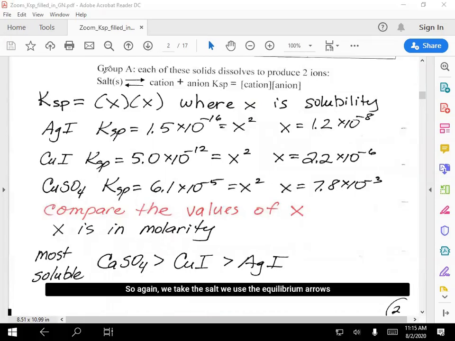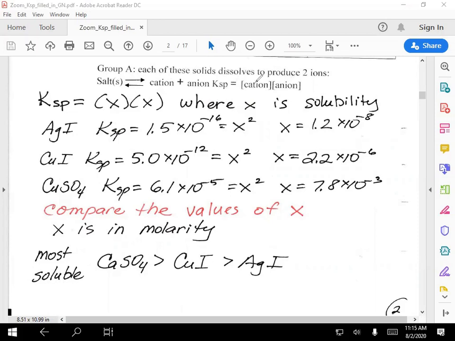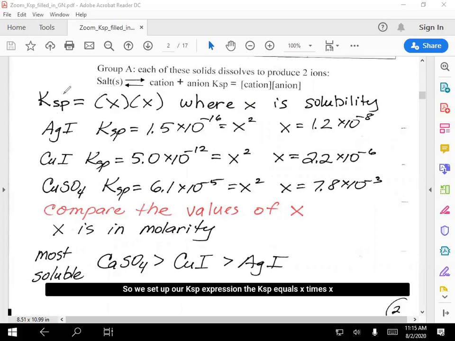Again, we take the salt, we use the equilibrium arrows, we get a cation, we get an anion. So in this case, the KSP will equal the molarity of the cation times the molarity of the anion. So we set up our KSP expression. The KSP equals X times X, where X is the solubility.